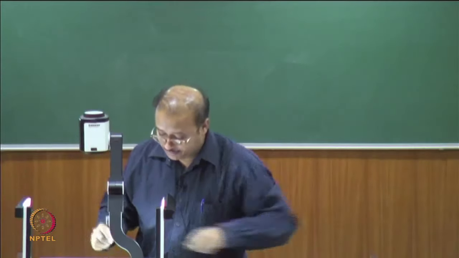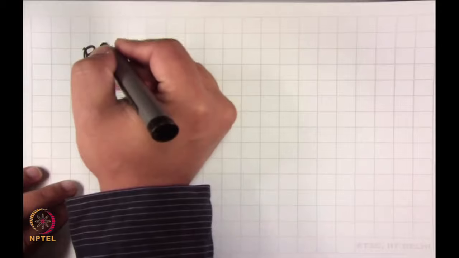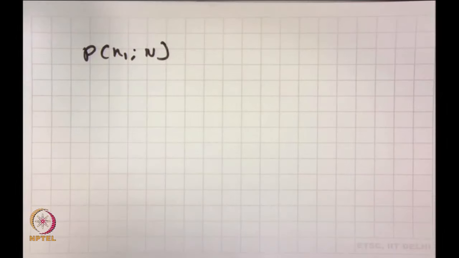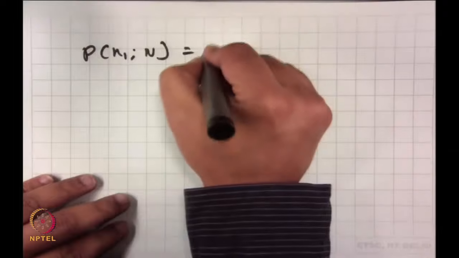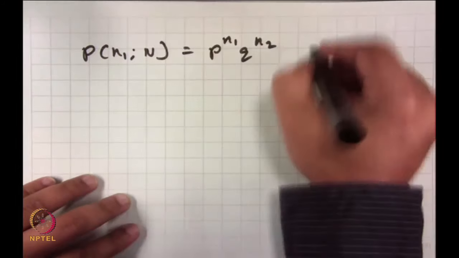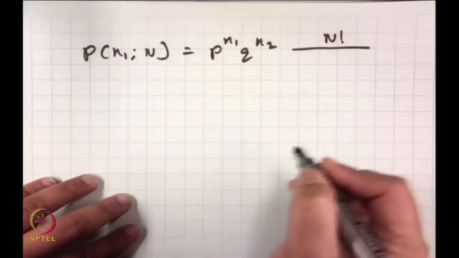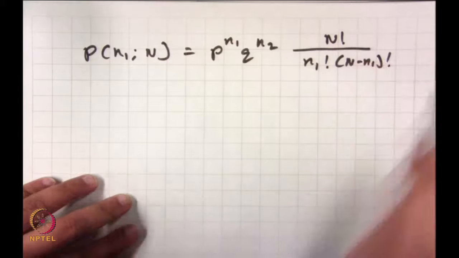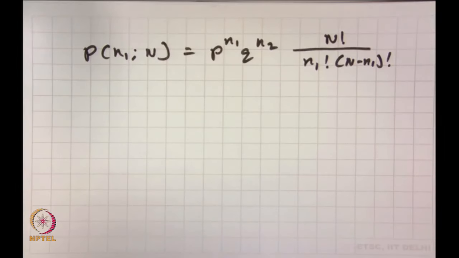So the probability of having n1 steps out of a total number of steps, which is the capital N, is equal to p to the power n1, q to the power n2, and then I am going to have N factorial by n1 factorial times N minus n1 factorial, because I have just pooled them into two groups, and these groups are entirely independent of each other.